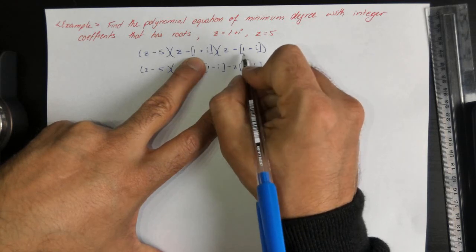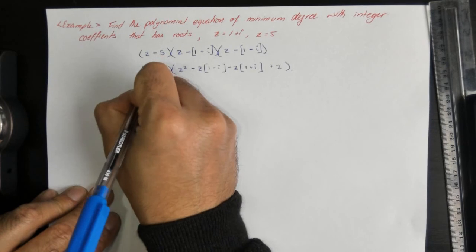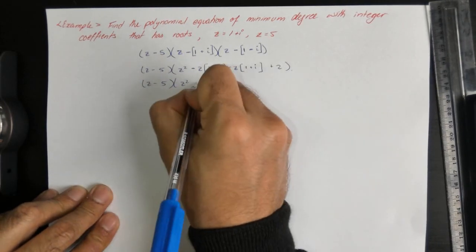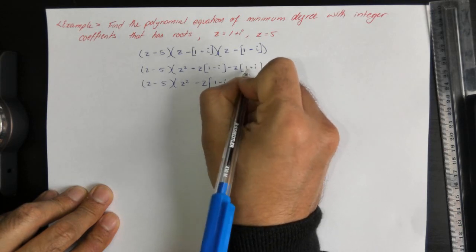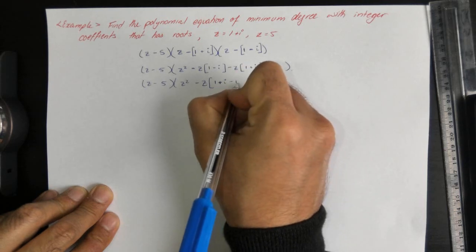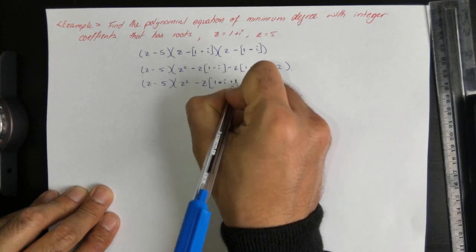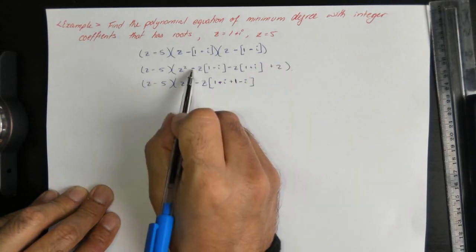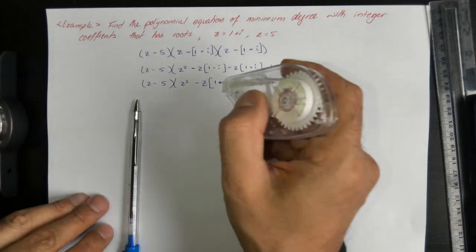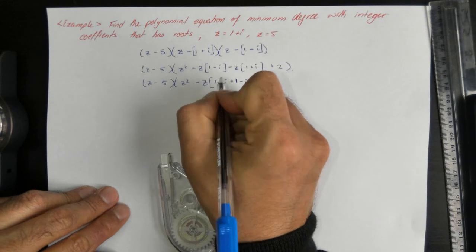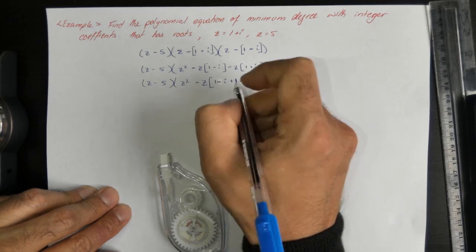So that should be 1 plus 1 is 2. Oh, sorry.